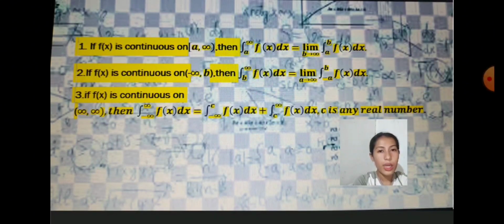And third, if f(x) is continuous on (negative infinity, infinity), then the integral of f(x) dx from negative infinity to infinity is equal to the integral of f(x) dx from negative infinity to c plus the integral of f(x) dx from c to infinity, where c is any real number.